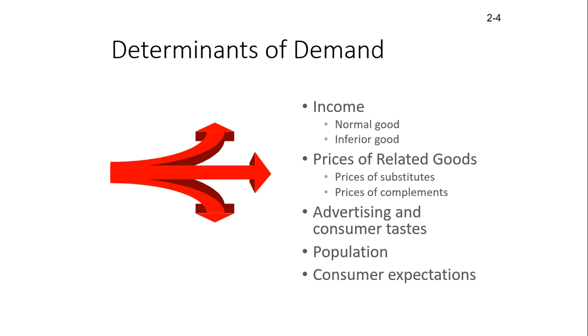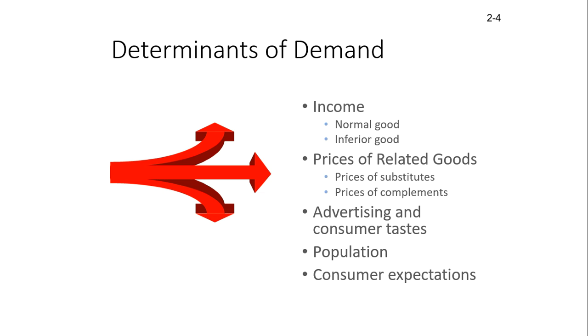How about consumer expectations? If you and I expect that tomorrow ERB is going to adjust the fuel pump prices, what are we going to do? Everybody is going to line up at the gas stations, trying to get gas at that cheaper price before there's an increase in the price. So in economics, expectations play a very critical role when it comes to determining demand.